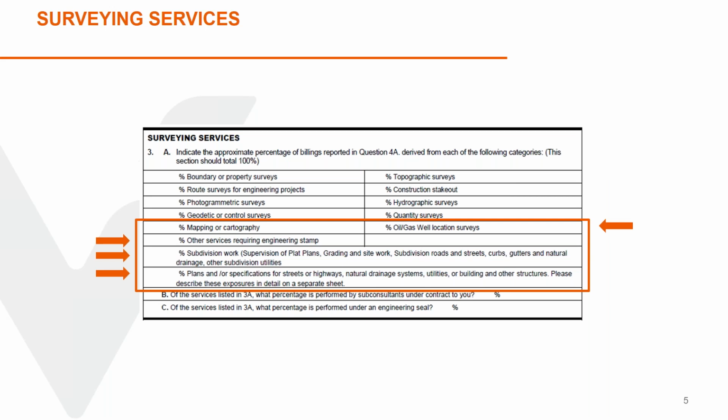This next one we're going to touch on is the oil and gas well location surveys. The most important thing to highlight is there's a differentiation here between looking at already existing locations of oil wells and gas wells, and exploratory surveying. What we're looking for here are surveying firms that are showing where the oil and gas wells are located and not showing their clients where to drill.